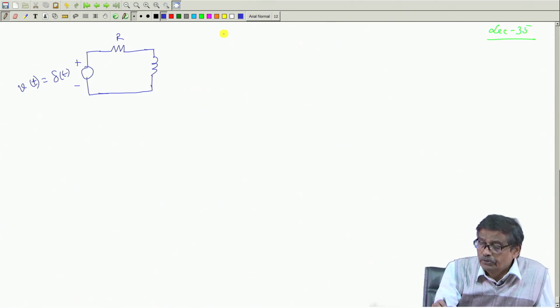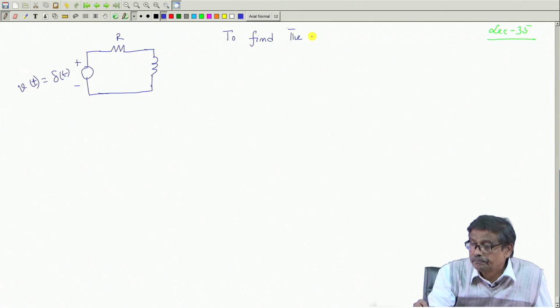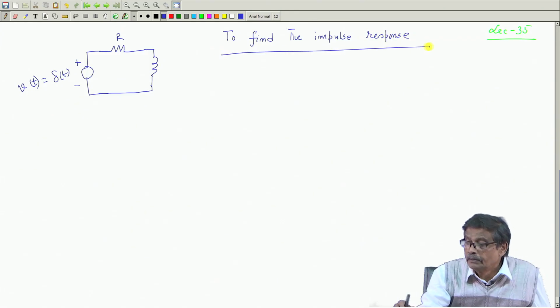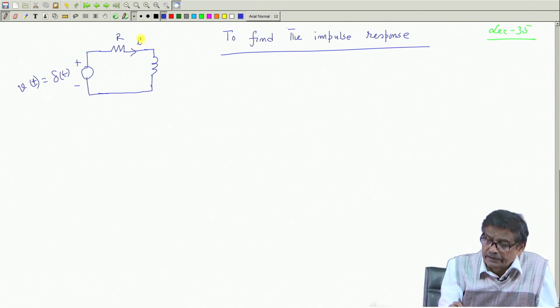So, we want to find the impulse response. So, to find the impulse response, I want to find out what will be the current i(t).